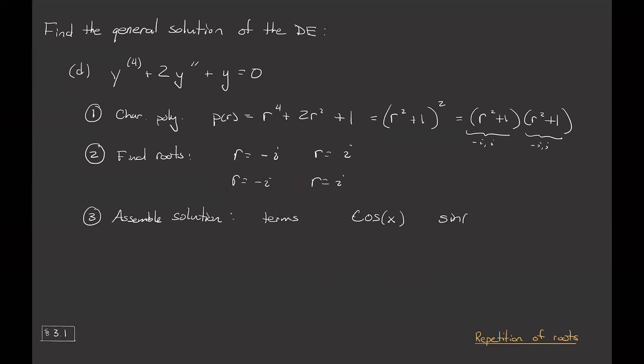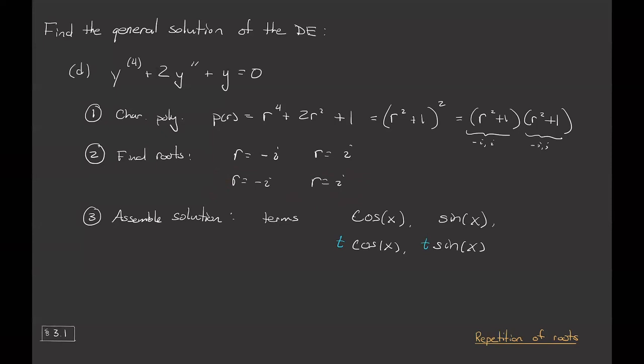Then we have sine of x. Now, because we're repeating this complex conjugate pair, we'll take the same terms and we'll quote unquote scale them. And now we have, for our 4 roots, 4 terms.